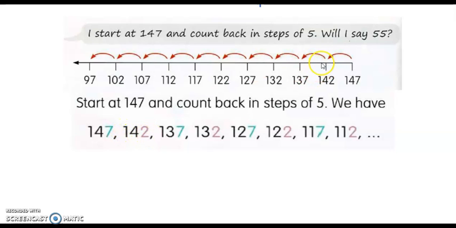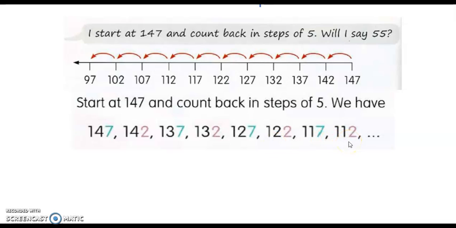After that, minus 5 is 137. Minus 5, 132. Minus 5, 127. Minus 5, 122. Minus 5, 117. Minus 5, 112, and so on until we get 97. And if we still go on counting back, we'll get more numbers.